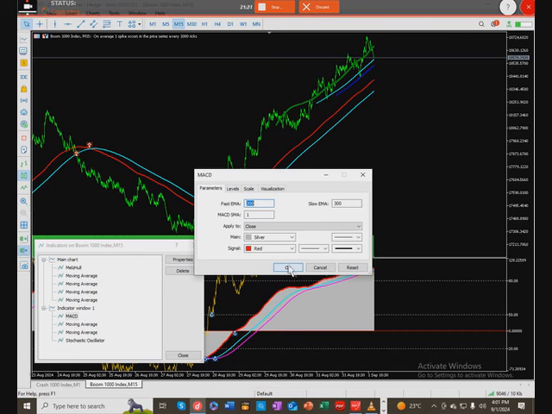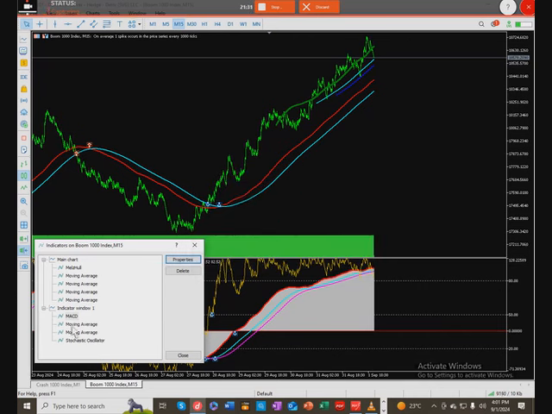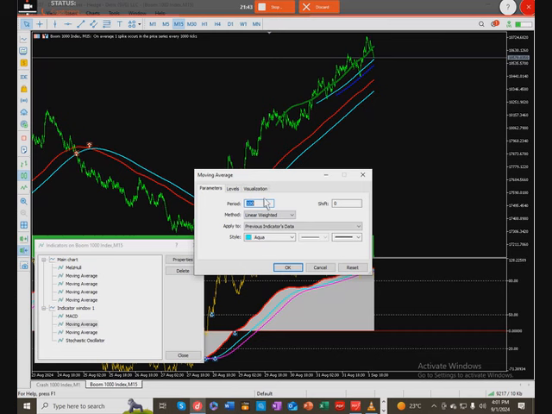We check it out. The moving averages, these two moving averages, the first one is 100, method linear weighted, and apply to previous indicator's data, any color of your choice.